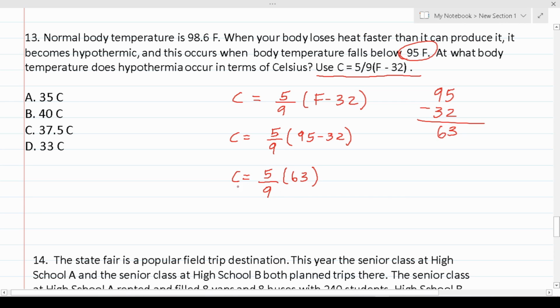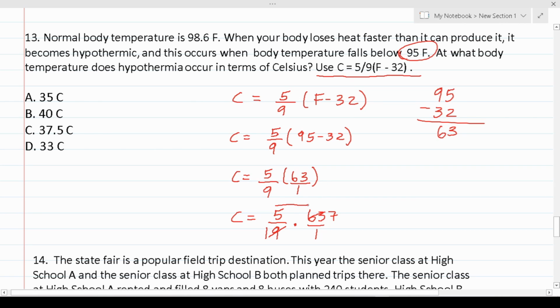That is, we're doing multiplication involving a fraction and a whole number. One way to do this is to rewrite this whole number as a fraction by placing it over 1. So this becomes 5 over 9 times 63 over 1. Before we do this multiplication, we should realize that 63 is divisible by 9. So I can do 9 divided by 9, which is 1, and 63 divided by 9, which is going to be 7.